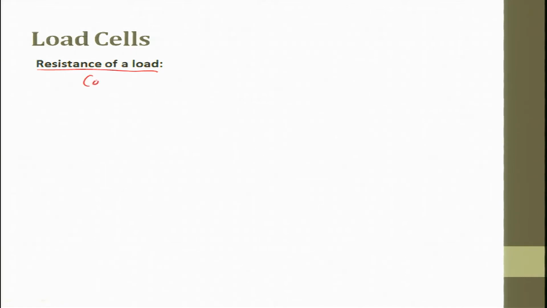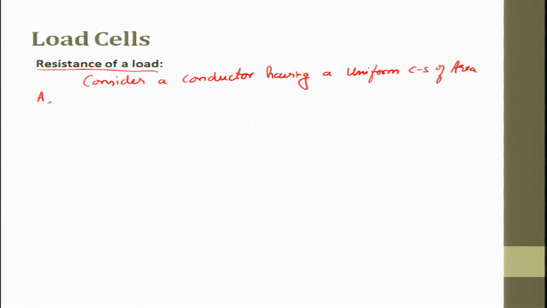First, let us consider a conductor having a uniform cross section of area AC. This is very important.